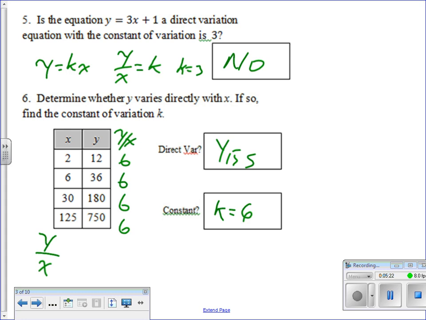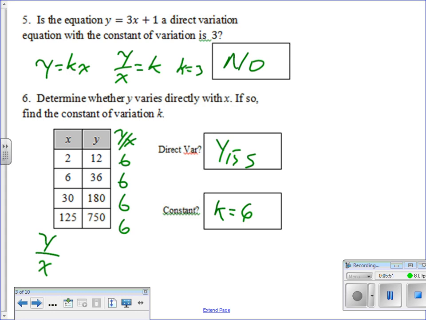Notice how I have my answers. I did not put in the direct variation what k was. I answered the first question. It's a yes or no. Is it or is it not direct variation? It is a yes or no question. There are 2 possible correct answers for this first box. Yes and no. I know, you're looking, you're like, yeah, that makes sense.